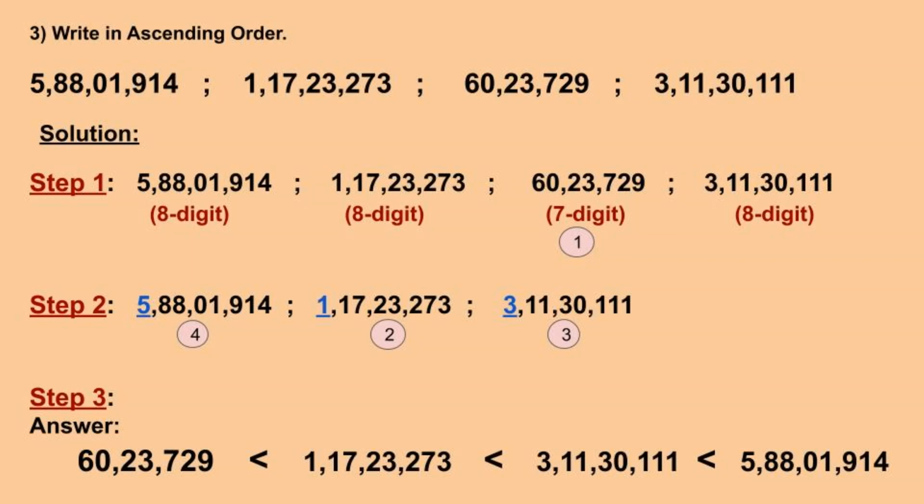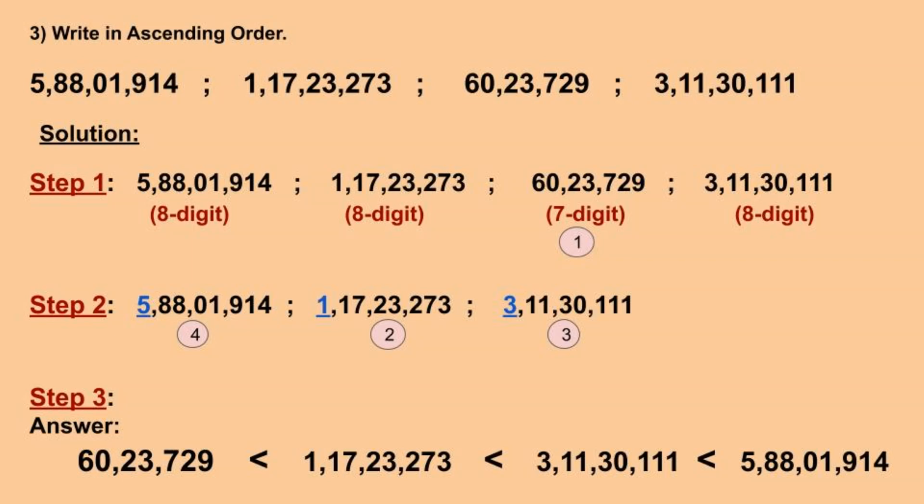I have mentioned 1 since it should come in the first place. In step 2, let's compare the 8 digit numbers. If the number of digits are same, what is the step? We need to compare the numbers with their place value. Start comparing with the place value. The highest place is crore place. The first number has 5, the second number has 1 and the third number has 3.